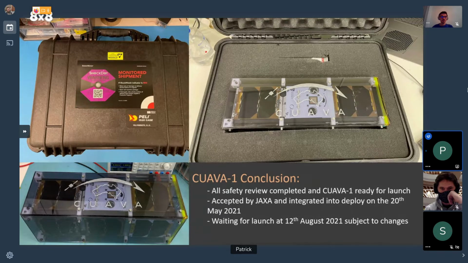And now 1 month ago, on the 6th of October, I think, it was launched from the ISS, from the JAXA JSOD, their CubeSat deployer, into space.